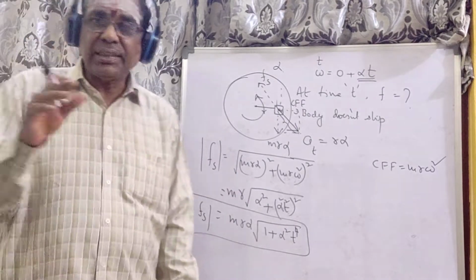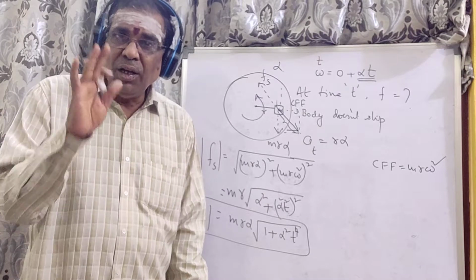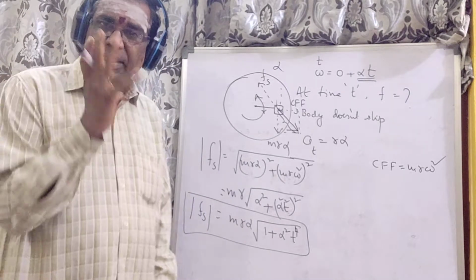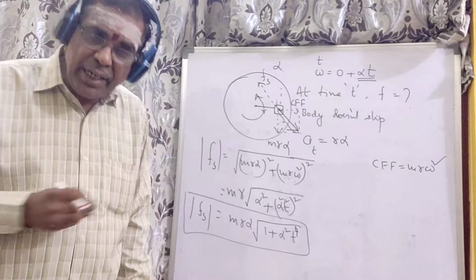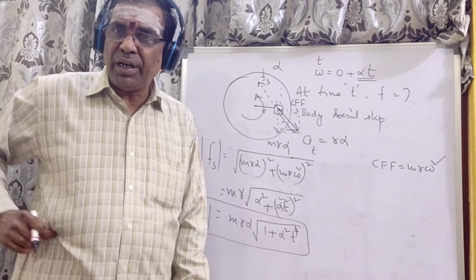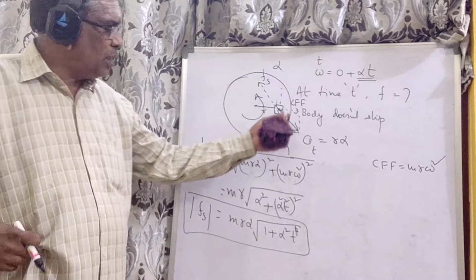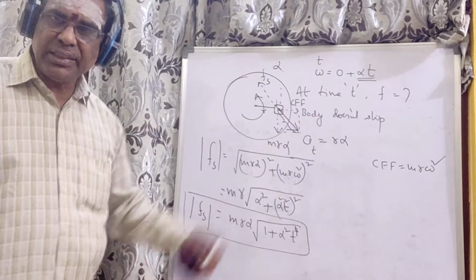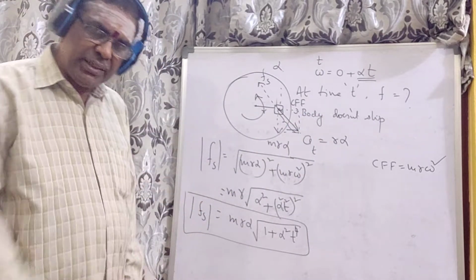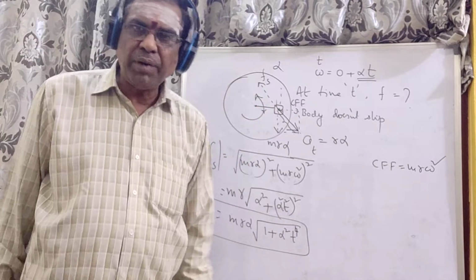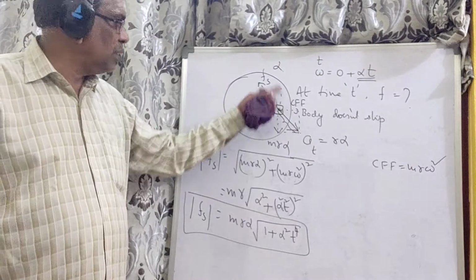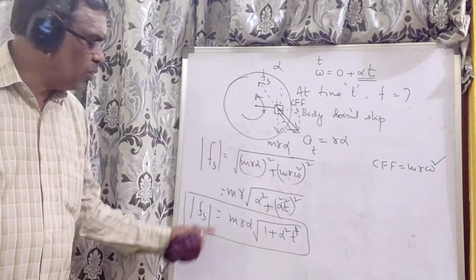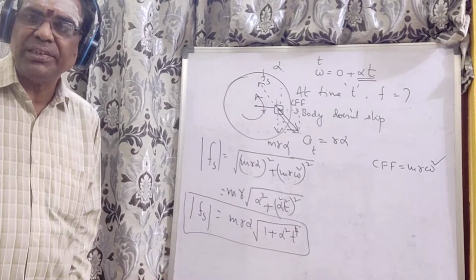When they give such kind of concepts, look whether that body is subject to an angular acceleration or it is already rotating and you are placing the body. I have tried to give you that in the previous example. You try to place it, you will straight away get only one part. Here if you place it right from the beginning, then it is subjected to 2, therefore you will get in this fashion.